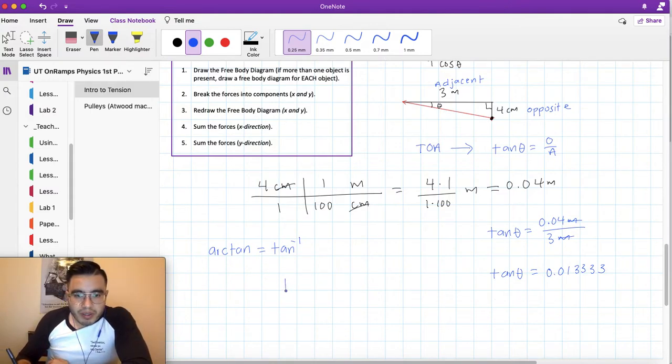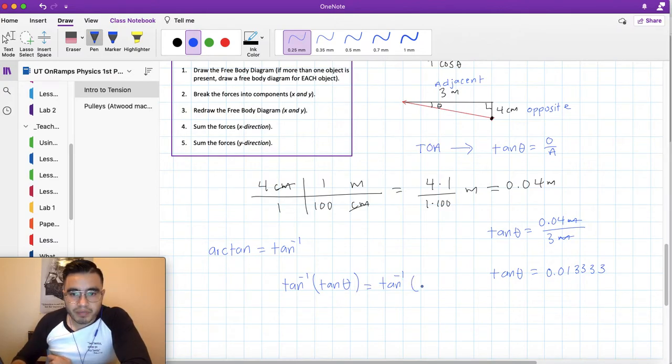So the way it works is you take the inverse tangent on both sides. I'm going to write it like this strategically on the right side. There you go. This one cancels this one, so we have that theta is equal to the inverse tangent, or arctangent, of 0.013333.